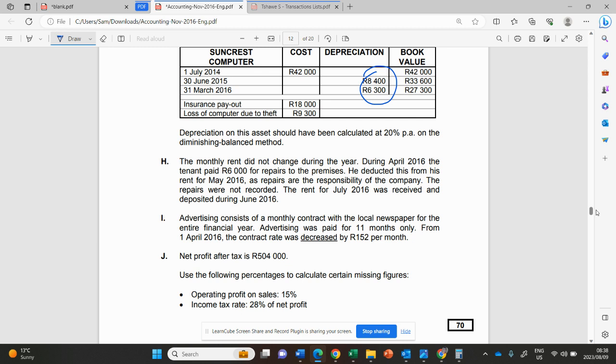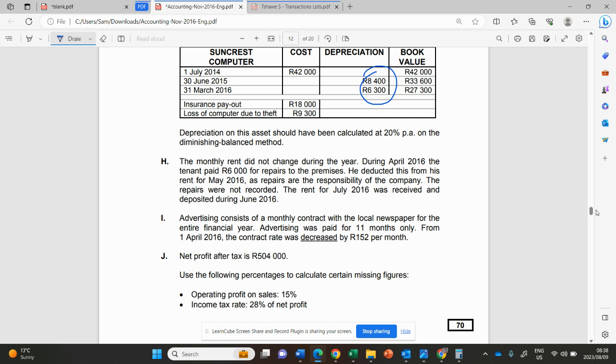So he didn't pay the full amount of the rent in May. He paid an amount excluding the repairs. He deducted the repairs amount from the rent amount.